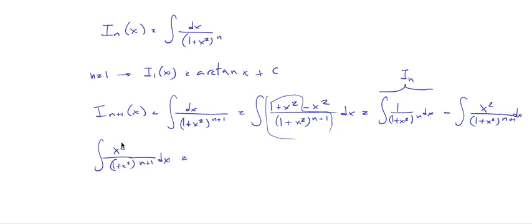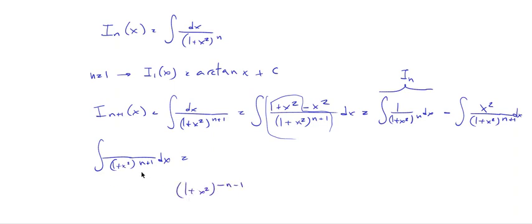Now, we want to be able to integrate this, right? So this is going to be (1 plus x squared) to the minus n minus 1.